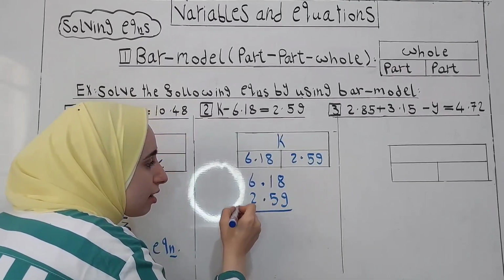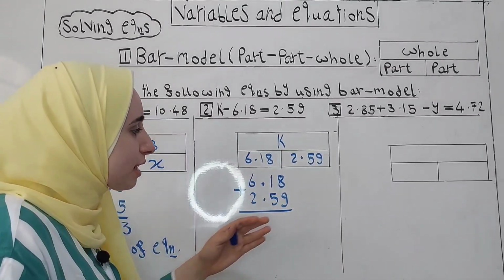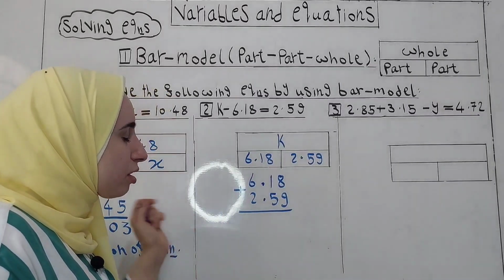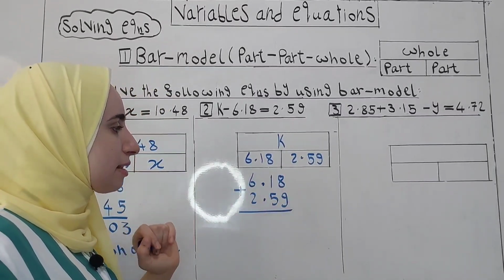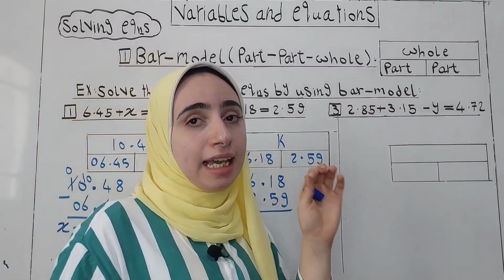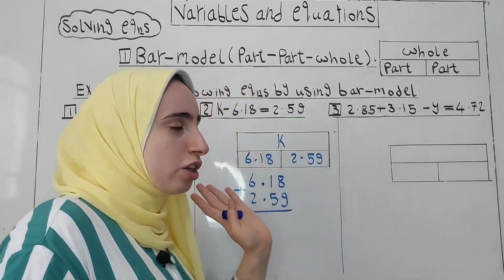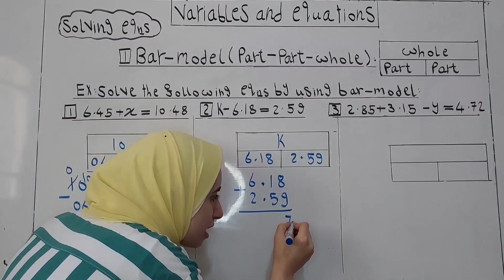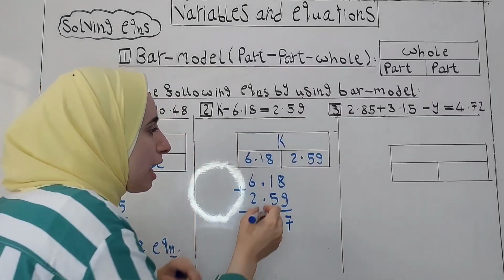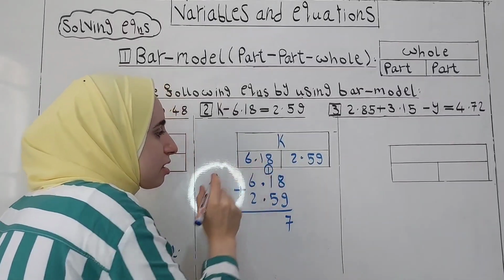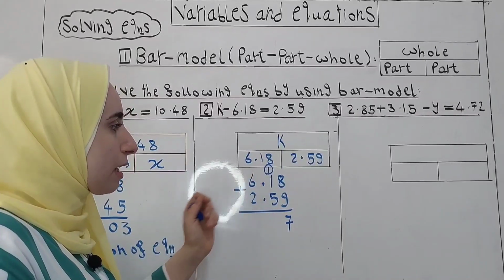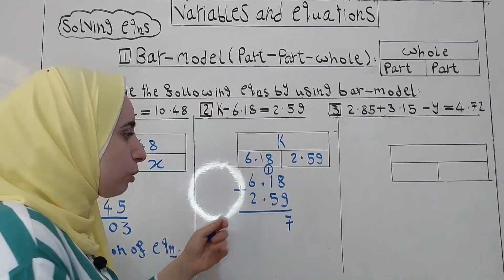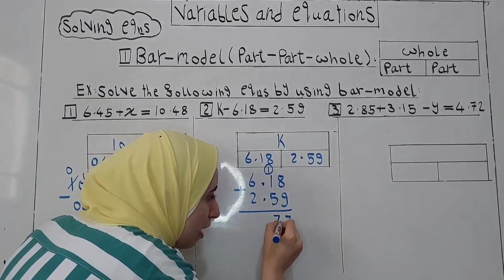Now we need to get the sum. We start from the right and go to the left. 8 plus 9 equals 17. Can we write 17 in one place? No. So we write 7 and carry 1 to the digit in the next higher place. Now 1 plus 1 equals 2 and 2 plus 5 equals 7.